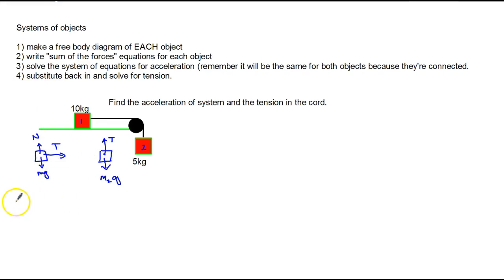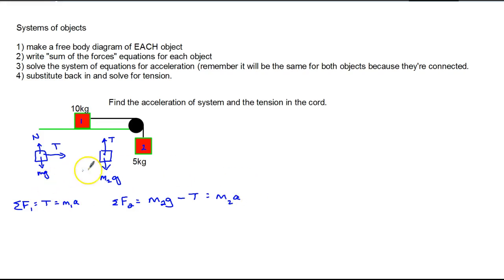So write a sum of the forces equation. In this one, for object 1, the forces are just the tension, and that equals m1a. For this one, the sum of the forces on object 2 would be m2g, the weight of this object, minus the tension, equals m2a.